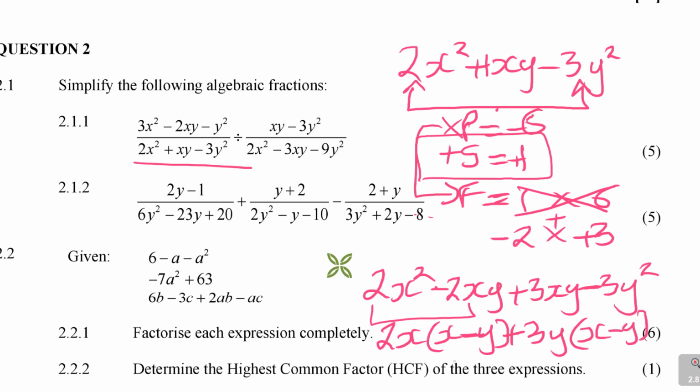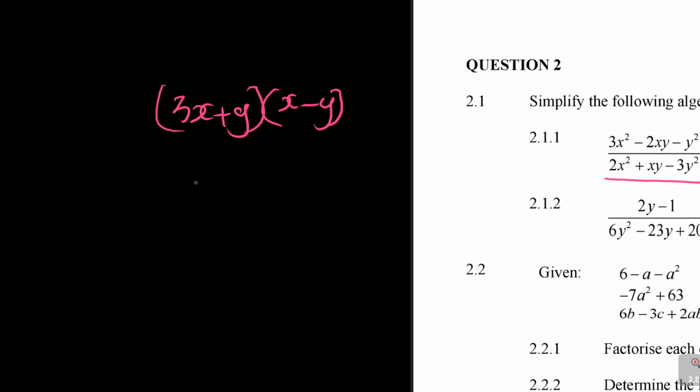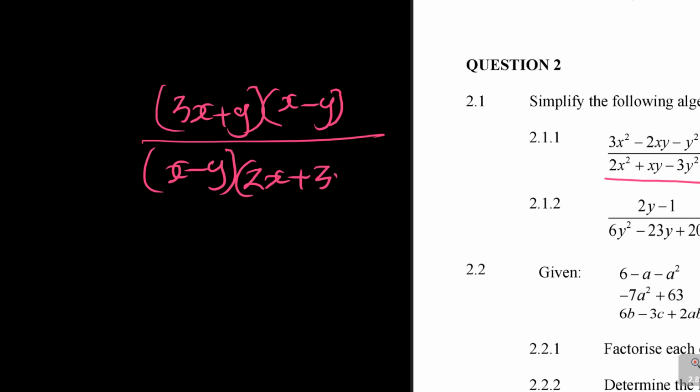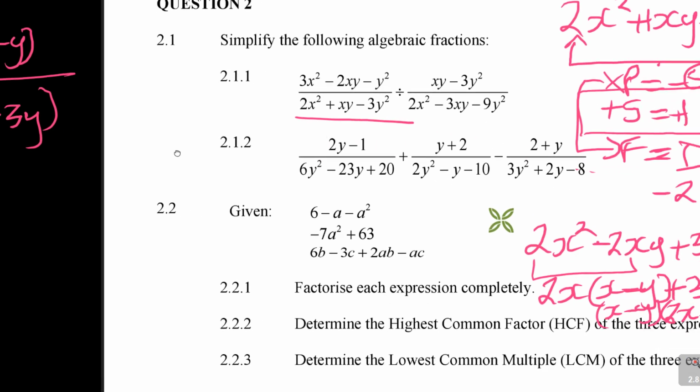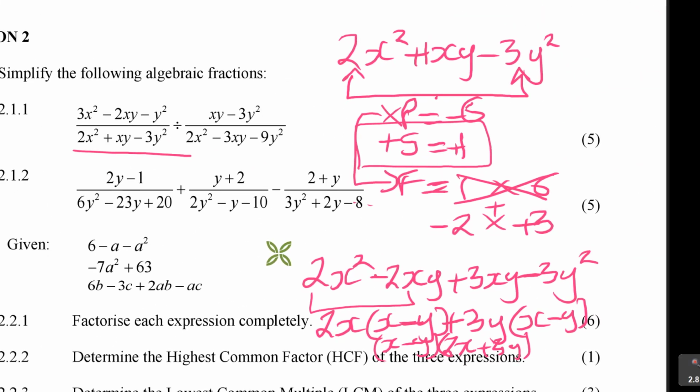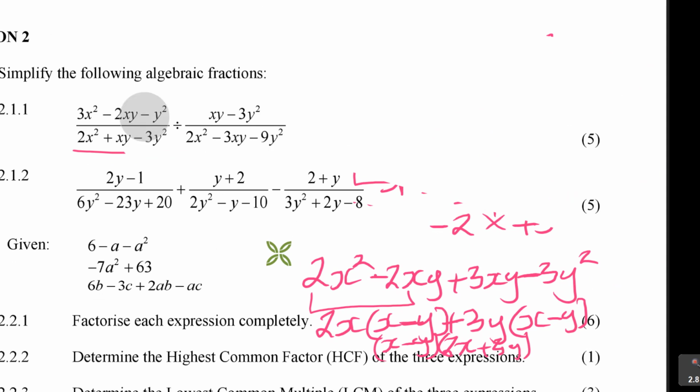So you can see the answer there, it's x minus y, and then outside the bracket it's 2x plus 3y. So that's what I'm going to write here, x minus y, 2x plus 3y. It's over x minus y and 2x plus 3y. So already see things are cancelling. Some of them, of course, they're not cancelling. So that is that part that they are bringing to you there to factorize.